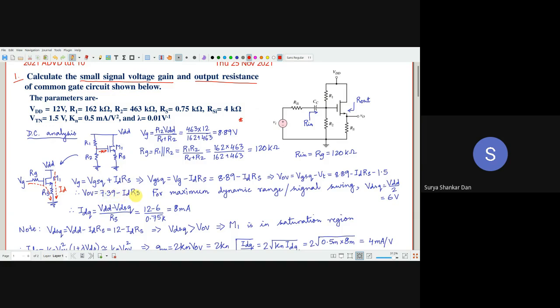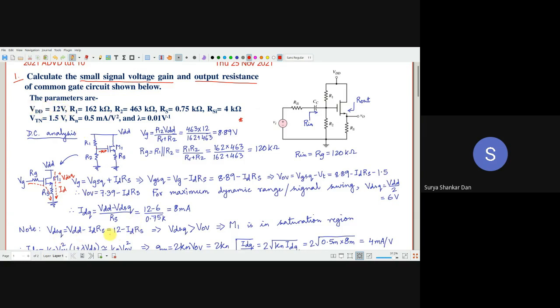Okay. Now, notice that if we think about VDSQ over here, what is VDSQ? This is VD and this is Q. So this is VDSQ. Okay. So what is the value of VDSQ? That will be VDD minus IDRS. Now VDD minus IDRS, VDD is 12, given in the question here.